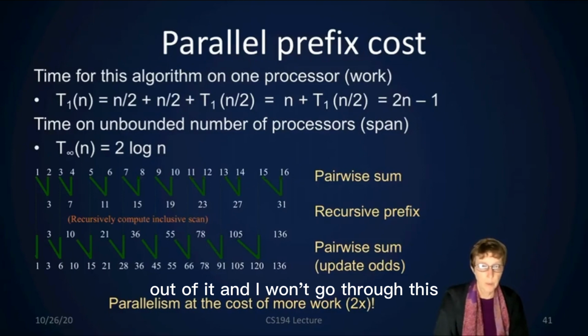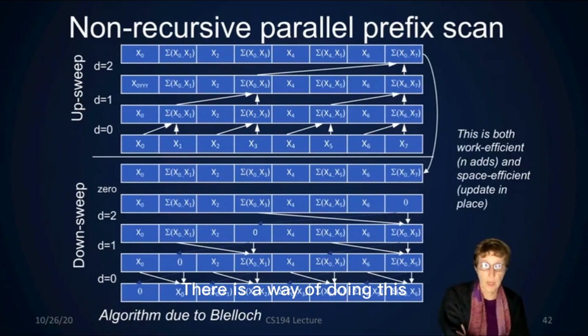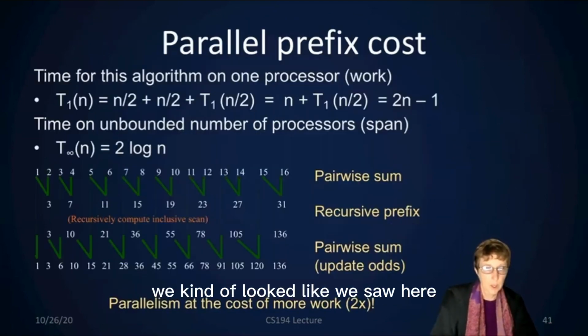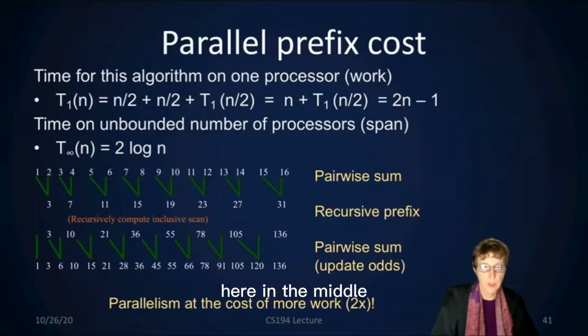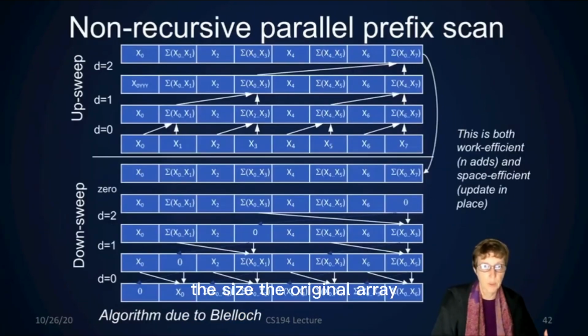And I won't go through this, but there is a way of doing this in place, rather than what we saw here, which was making up a temporary array in the middle and then doing a recursive call on that temporary array that was half the size of the original array.